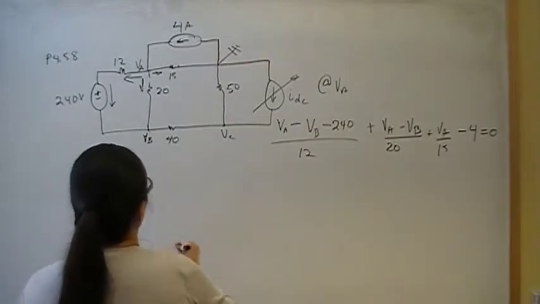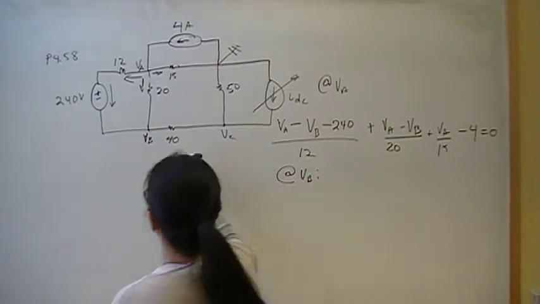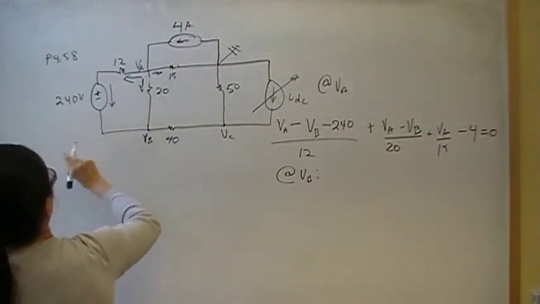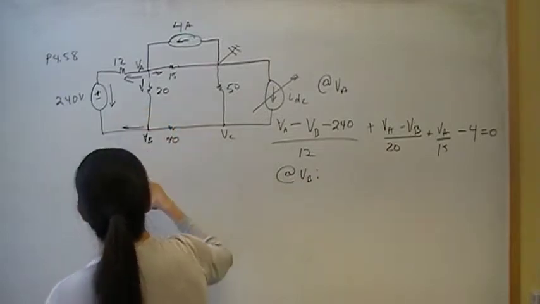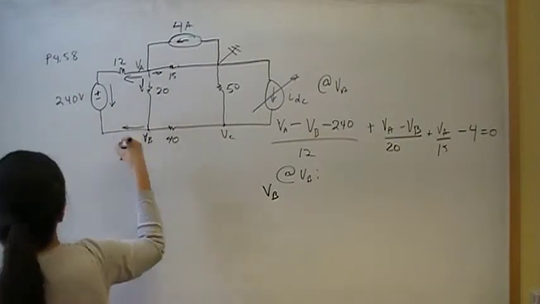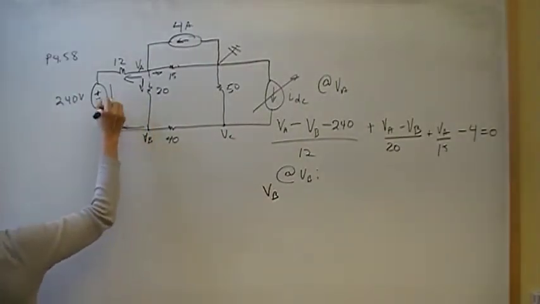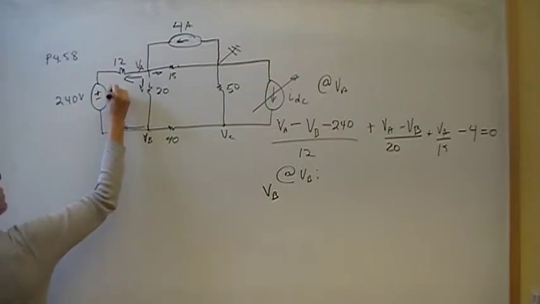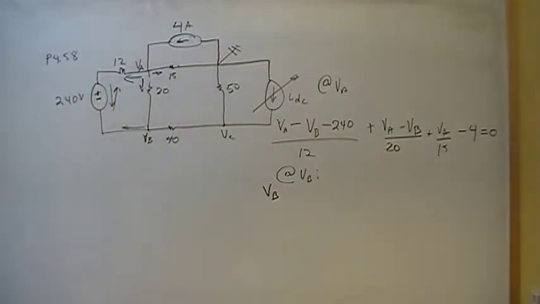So node voltage at VB. So it's going to be the sum of this voltage, right? So this current right here, we know it's going to be VB for sure. But what's this sign? So again, this current leaving here is going to go through a minus to a plus, so it's going through a voltage rise.